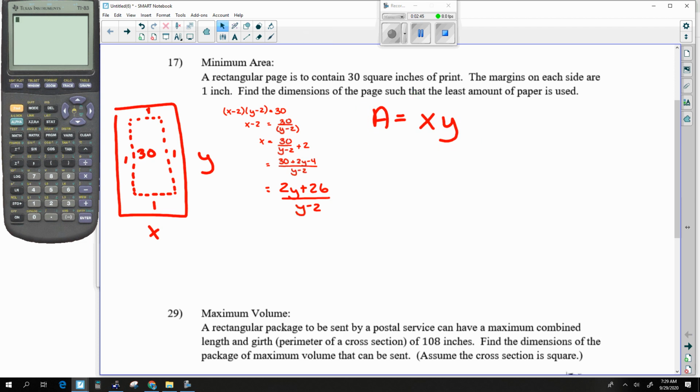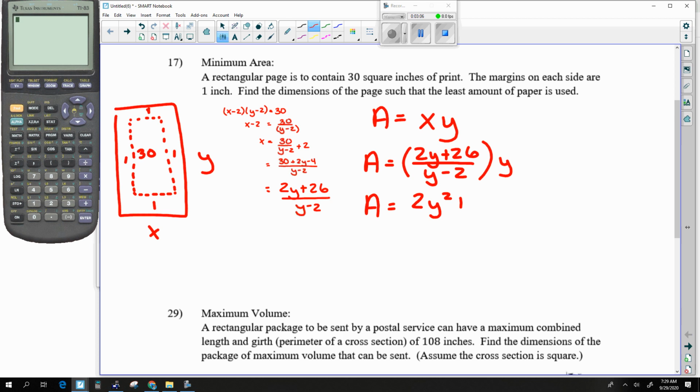So that solved for X. So area is equal to 2Y plus 26 all over Y minus 2 times Y. So this area is equal to 2Y squared plus 26Y all over Y minus 2. Now, it's not the cleanest version, but whatever, it works.